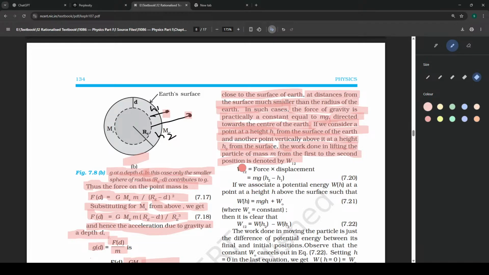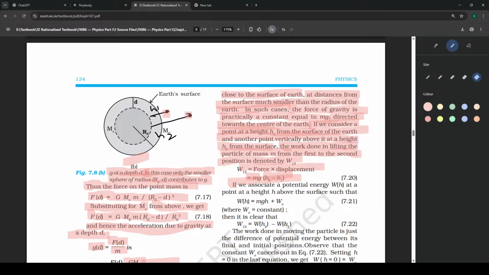Work done is force times displacement. Force is mg, at heights close to the surface of the earth. So W12 is mg times (h2 minus h1).